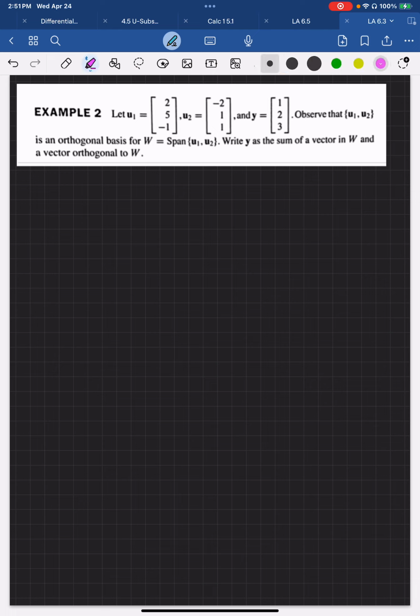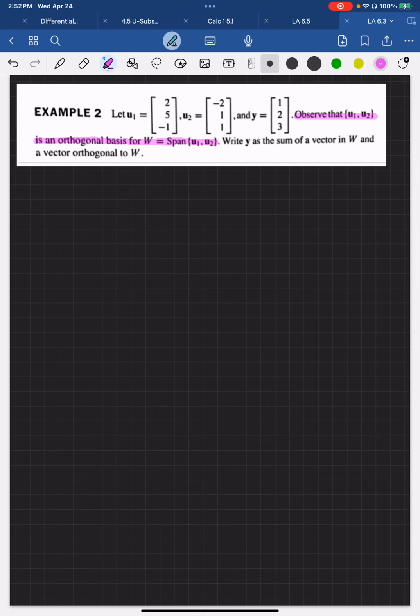It says, observe that the set of u1, u2 is an orthogonal basis for W. Now, if you need to go back through your notes, we've already discussed orthogonal basis.